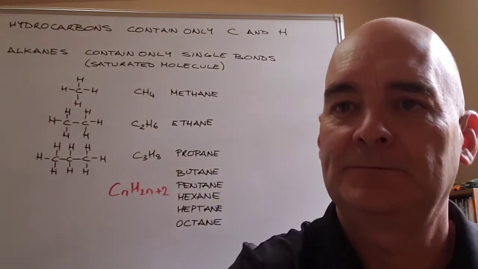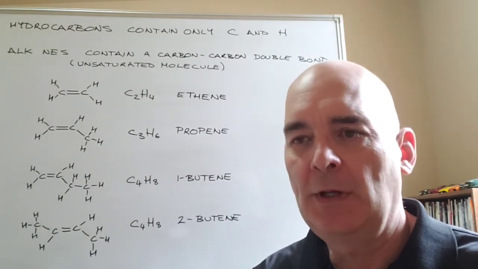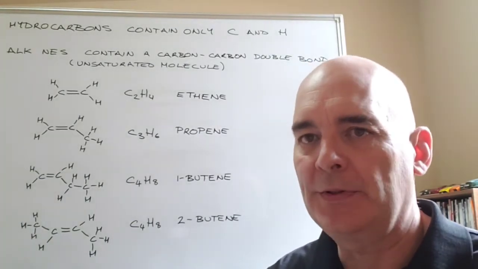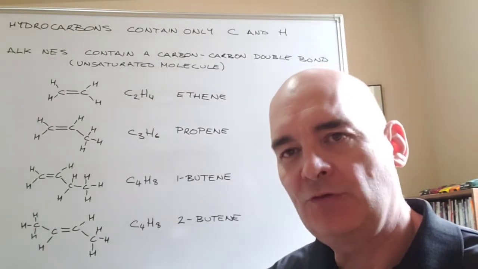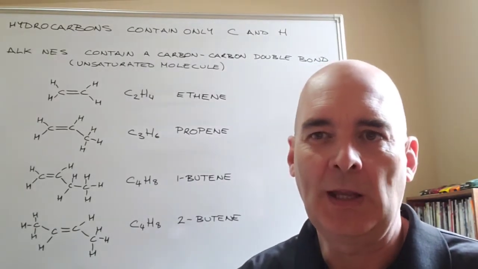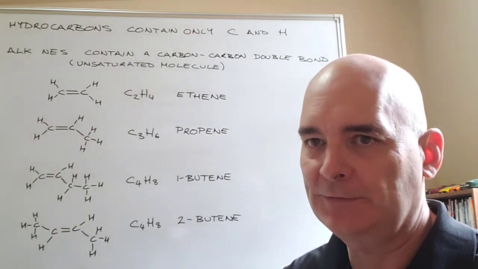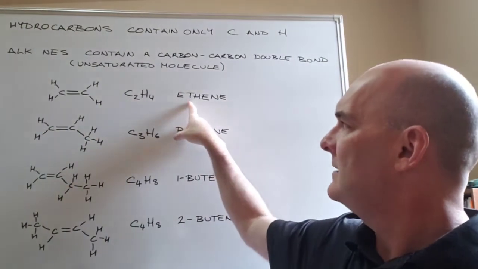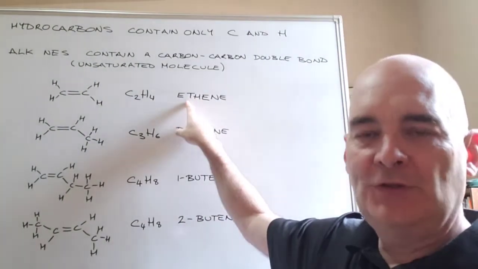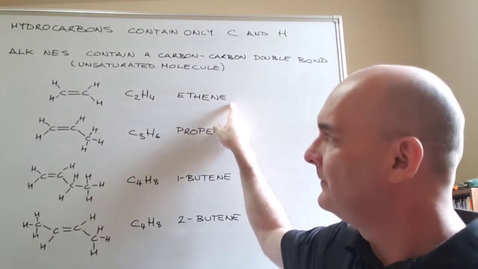Alkenes are a form of hydrocarbon that contain a carbon-to-carbon double bond. Because alkenes contain less hydrogen than alkanes do, alkenes are called unsaturated molecules. Our simplest alkene is ethene. Eth meaning two carbons, ene meaning containing a carbon-carbon double bond.